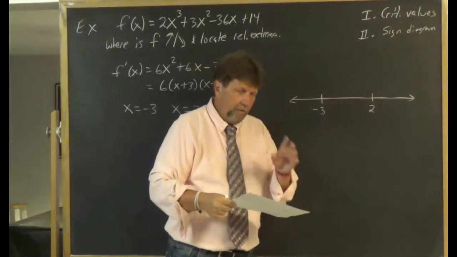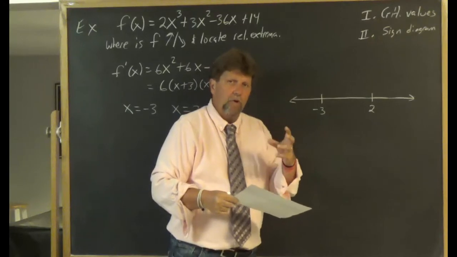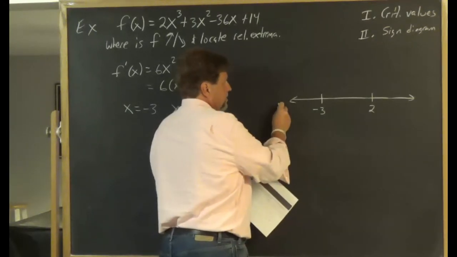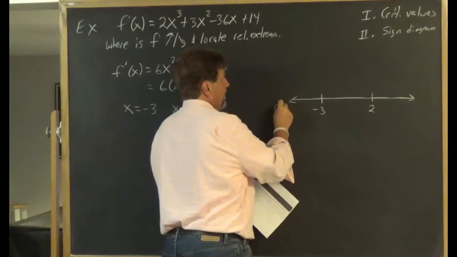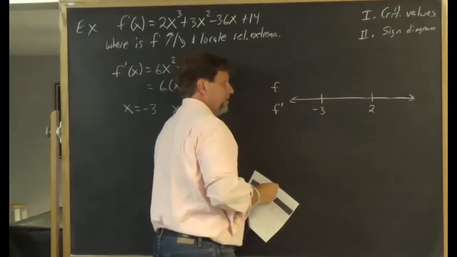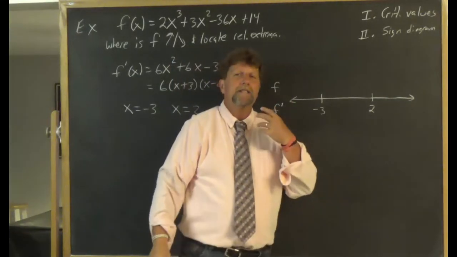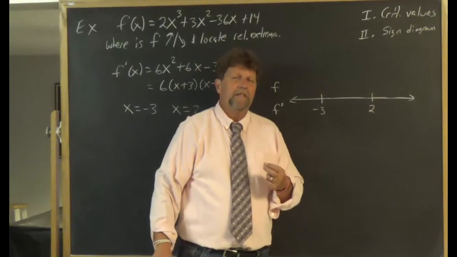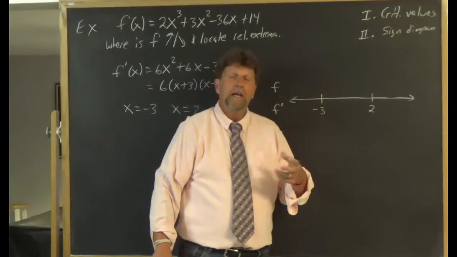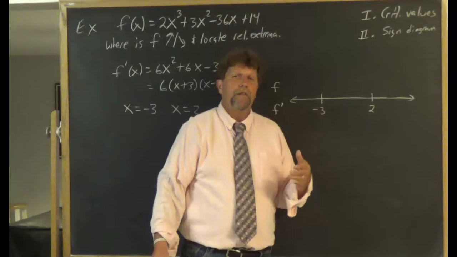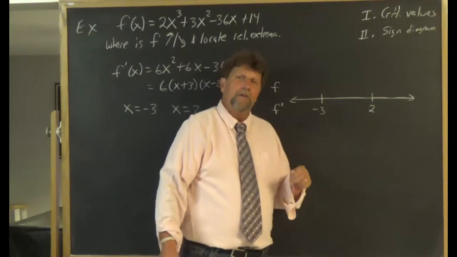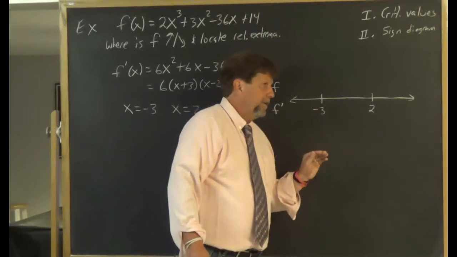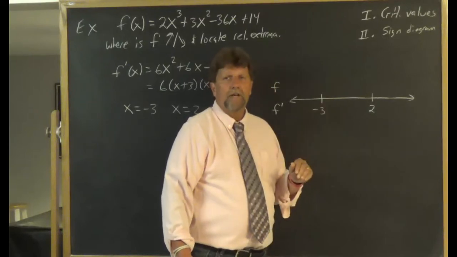And then I do the following bit of bookkeeping to keep my work organized. About this position here, I put f prime, and here I put f. Now remember, it's the sign of the derivative that tells us the behavior of the function. If the derivative is negative, we know the function's decreasing. If the derivative is positive, we know the function is increasing.